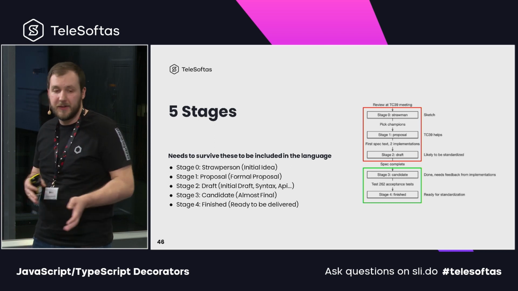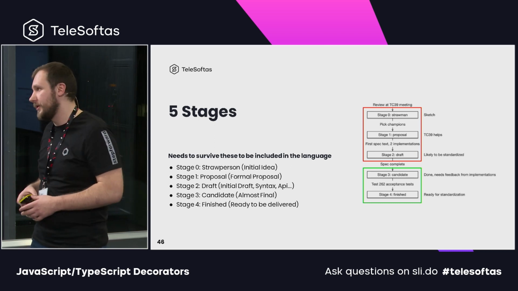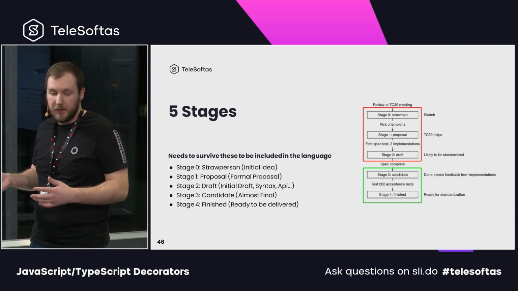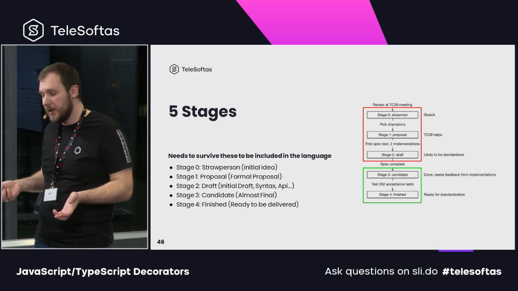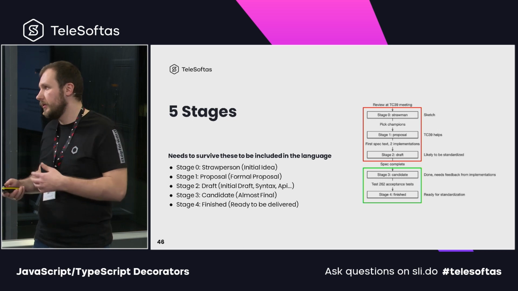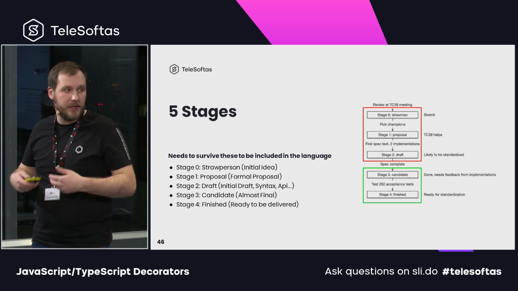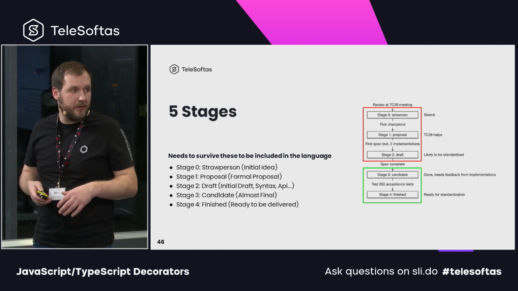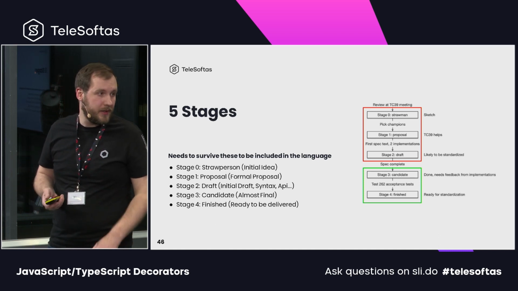Actually, it should be said soon in the future. Yeah, and then stage 4, which basically means that the feature is done and it can be started to implement in language engines like V8 and etc.